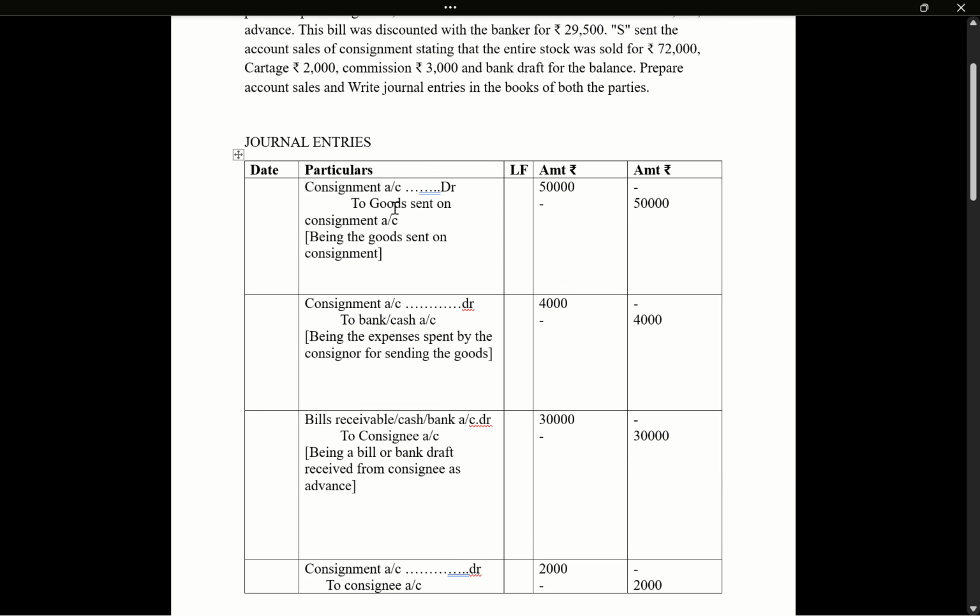We opened here the consignment account, goods sent on consignment account. Here we are closing the goods sent on consignment account.